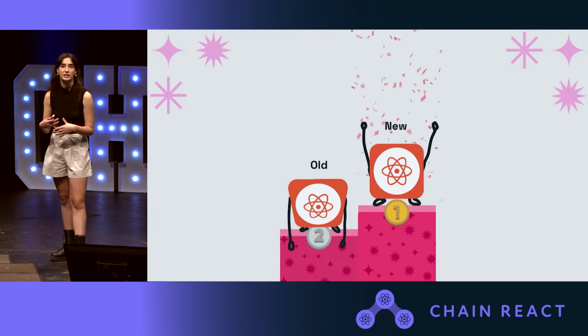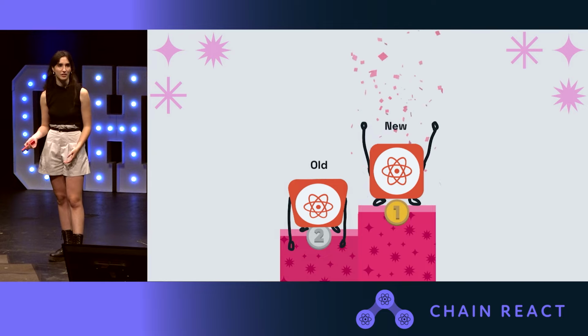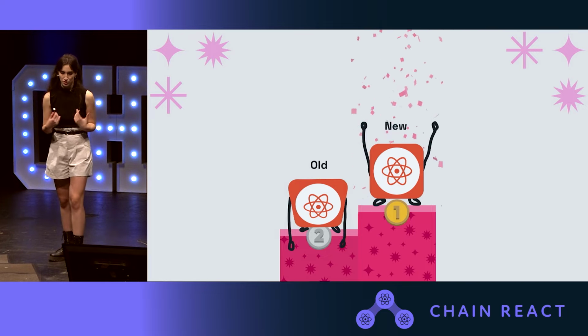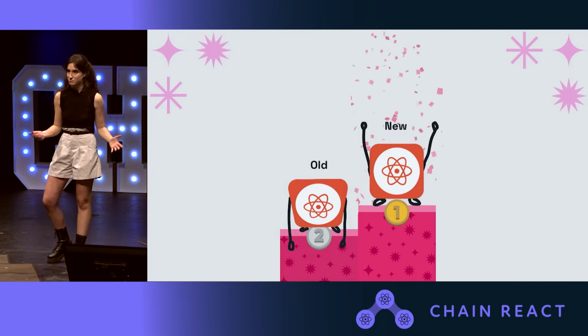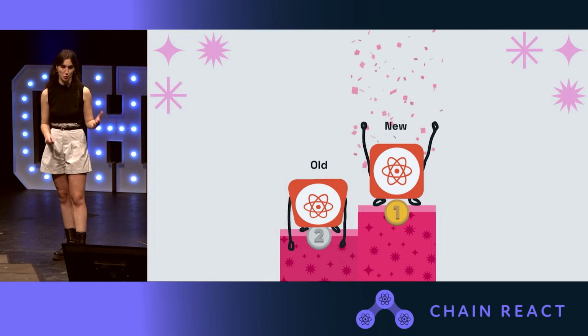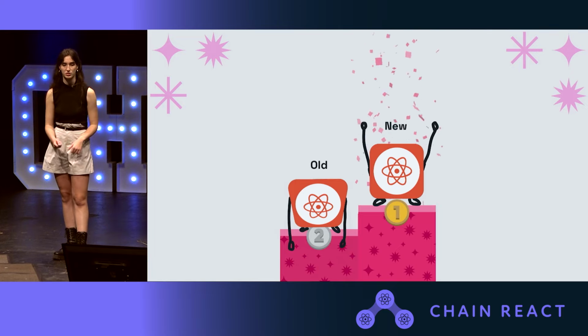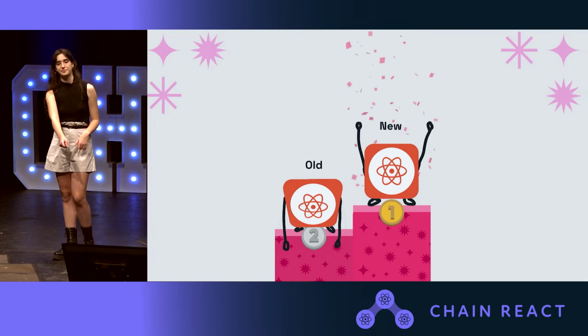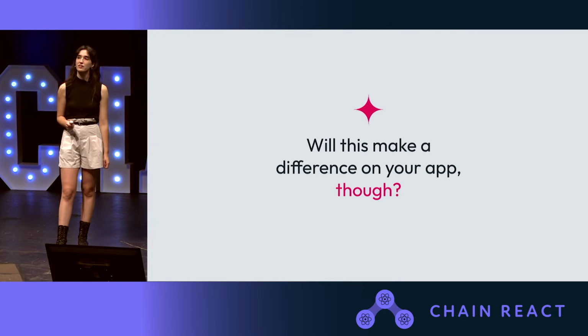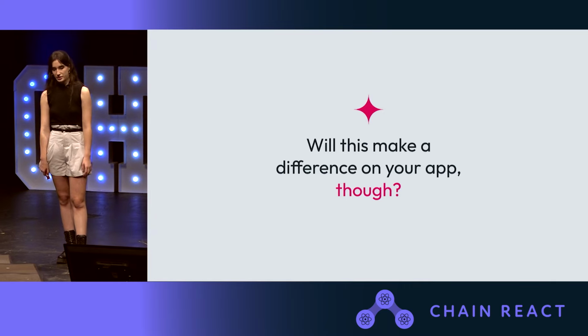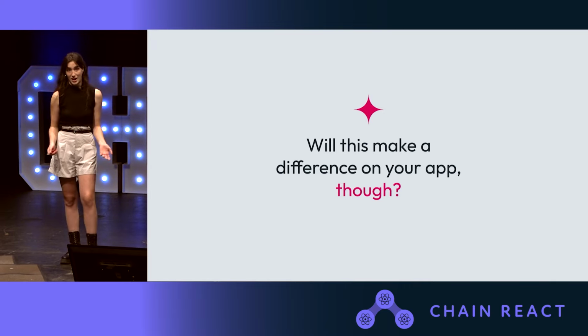There are also many other things that you can test that I did not test, but that will surely work better on the new architecture. But will this make a difference on your app, though? The answer to this is, I don't know.